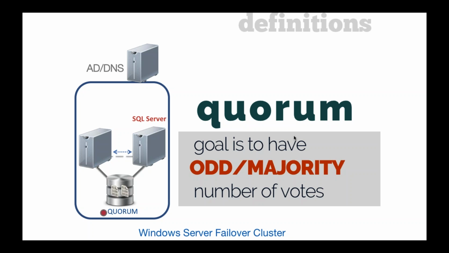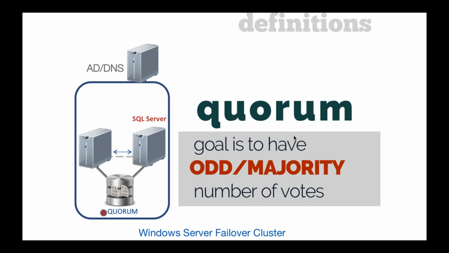Well, one for the server on the left and the other one for the server on the right. That's not an odd number of votes, because if one node goes down, well, 50% is not majority.